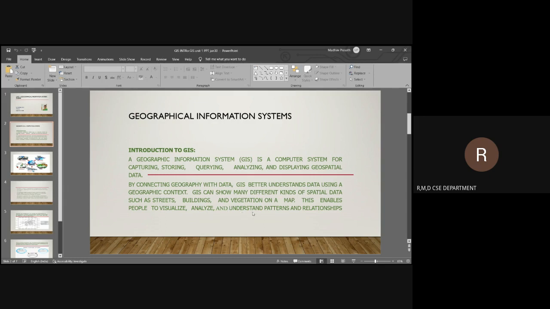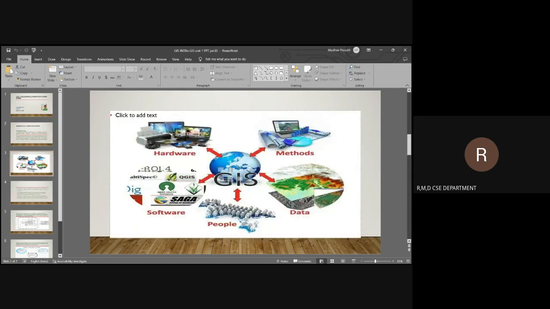And we'll try to visualize and analyze. What is necessary for the geographical information system to provide for the end user? You have the hardware provided to the GIS, you have the software, you have the people, and we have the data, and then we have the various methods.